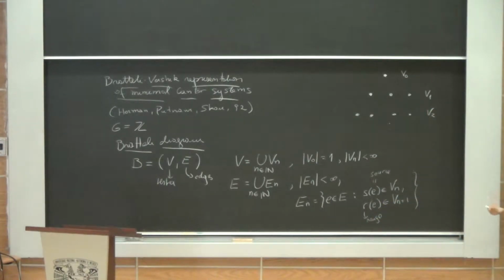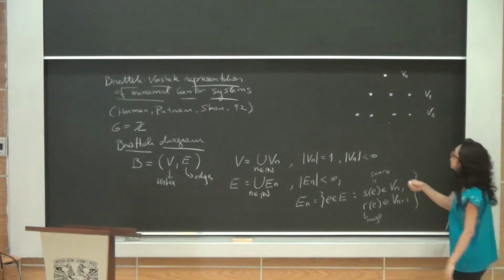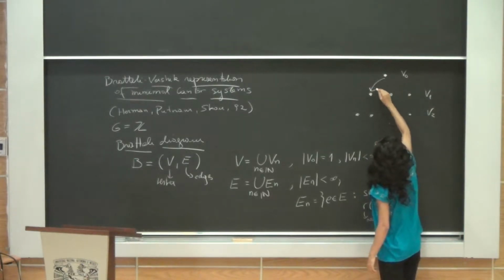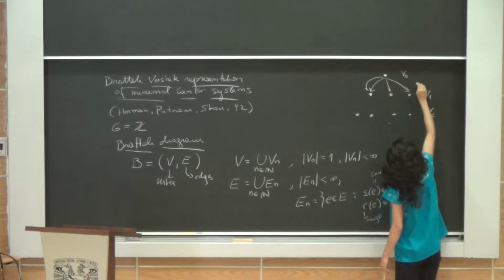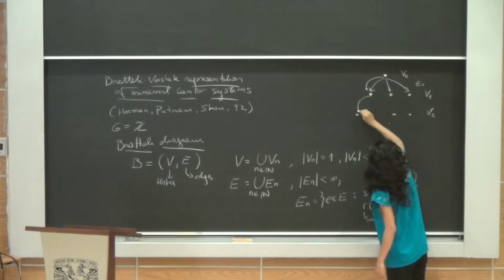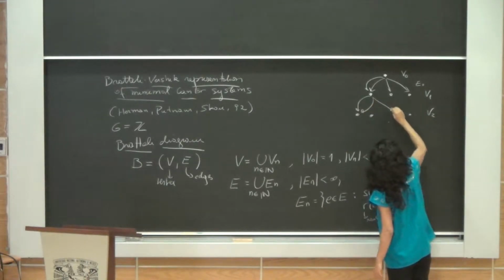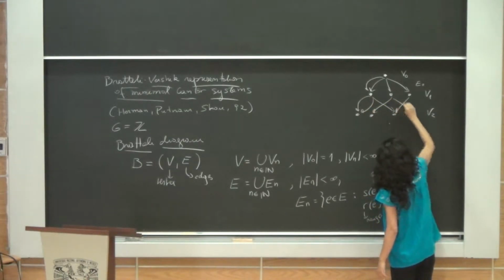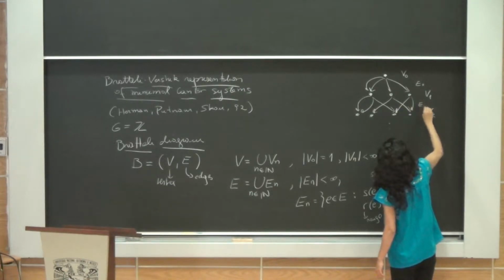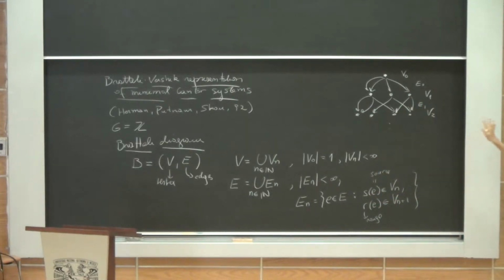And then the edges are always between consecutive sets of vertices. Here you have the set E0, here the edges in E1, and so on. So this is the picture of a Bratteli diagram. You have to imagine that this continues.